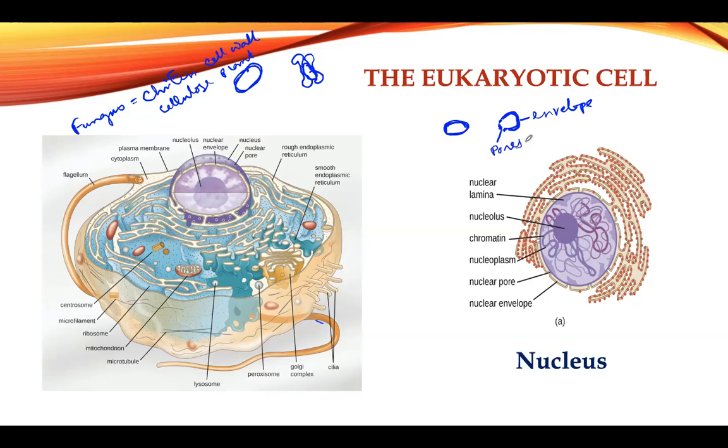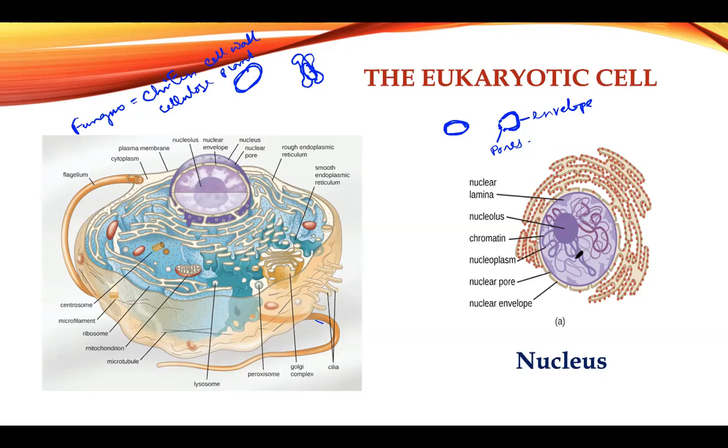Now the purpose of the pores: remember I told you the nucleus is kind of the brain. So lots of stuff needs to go inside the nucleus, and lots of stuff needs to go outside, into the cell from the nucleus.